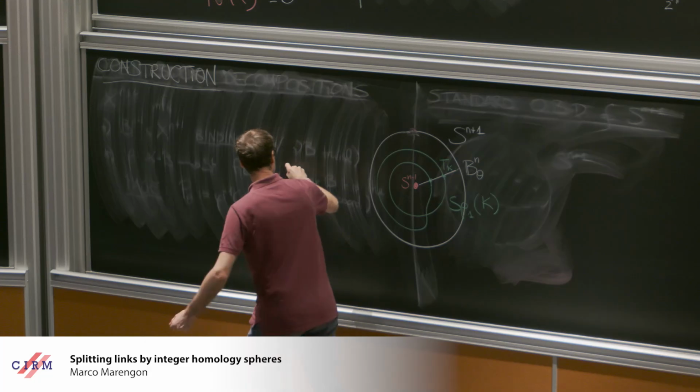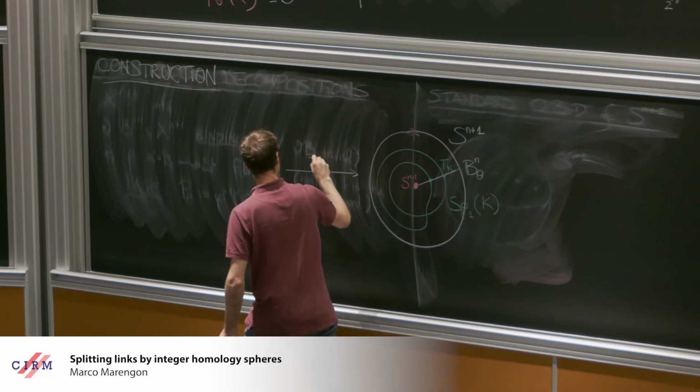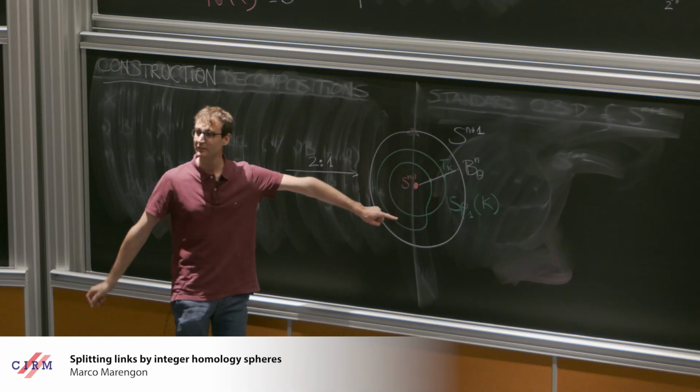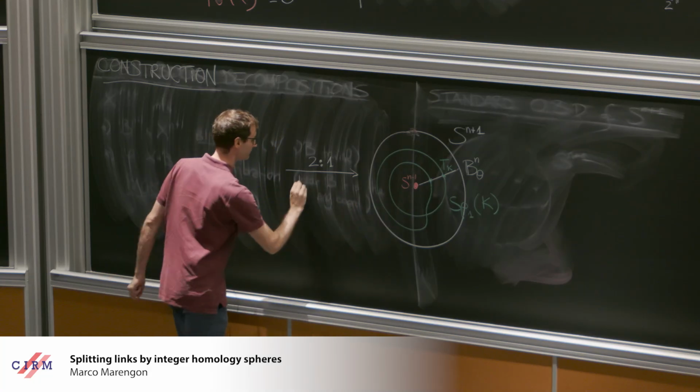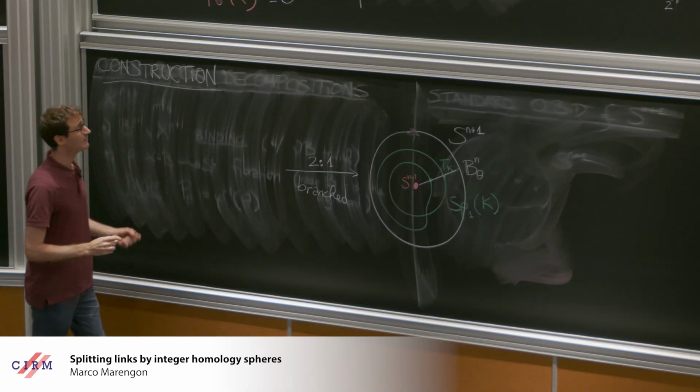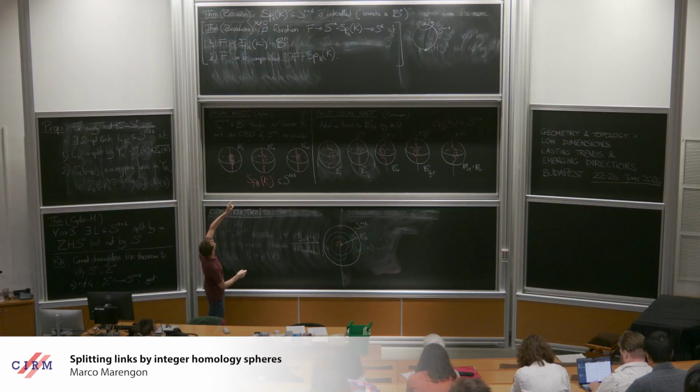Great. So now I take the double branched cover over this knot SP_1 of K. And that's boring because from the very top board, we know that the one twist spun knot is unknotted.